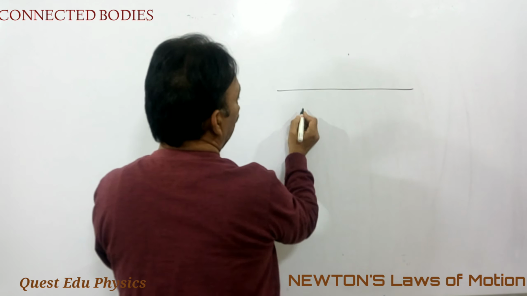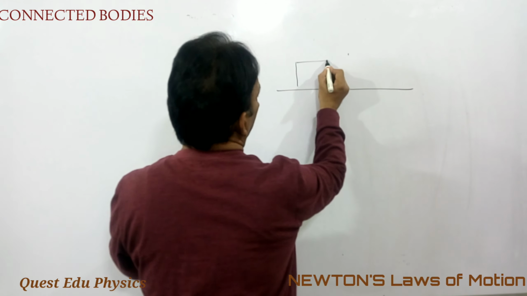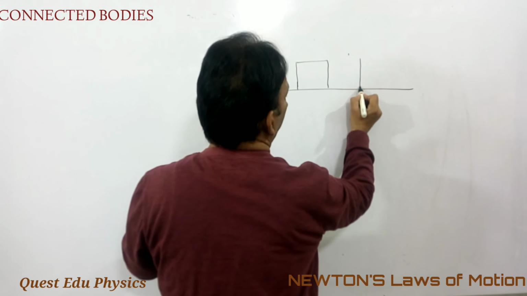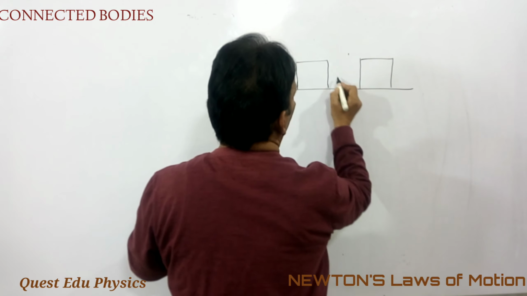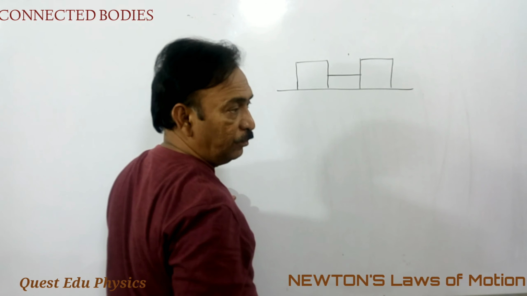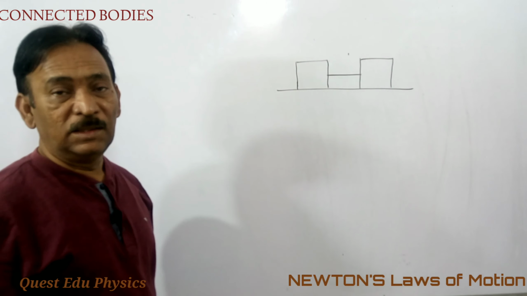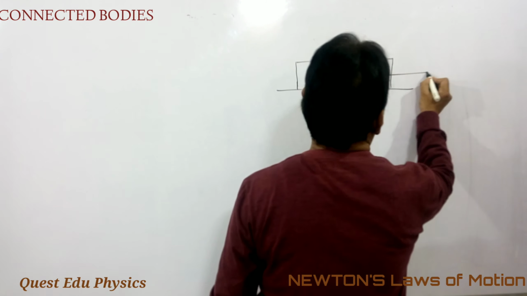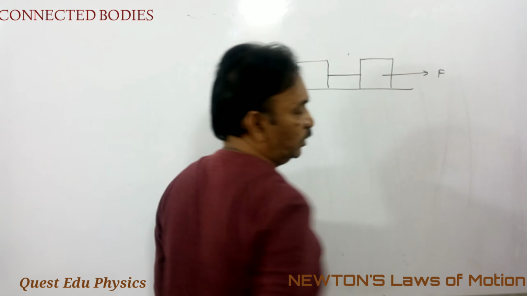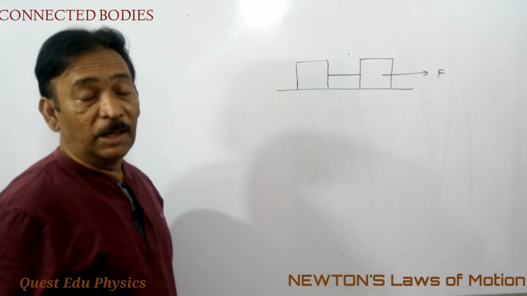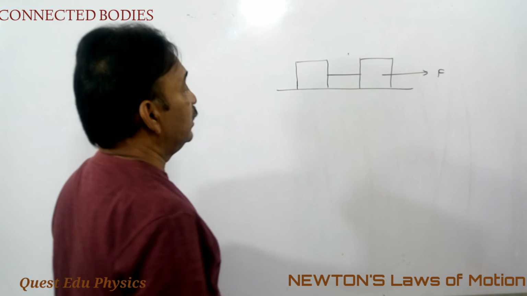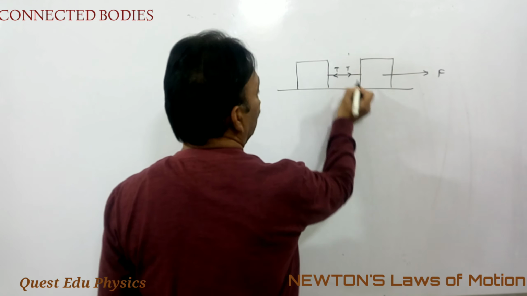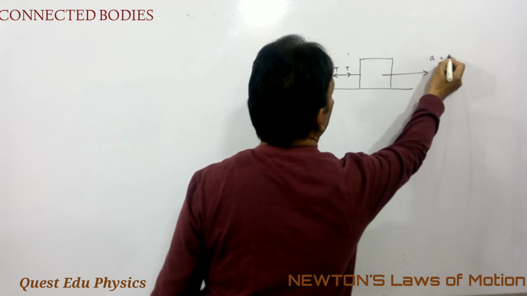It is a smooth surface, two bodies are kept here, and one more body we have. They are connected by a string. The string is massless and inextensible, and a force is pulling that body. He is asking what is the tension in the string and the acceleration of the system.